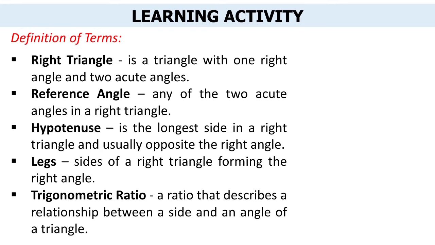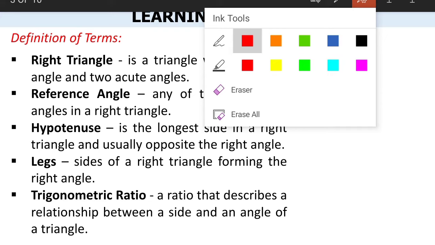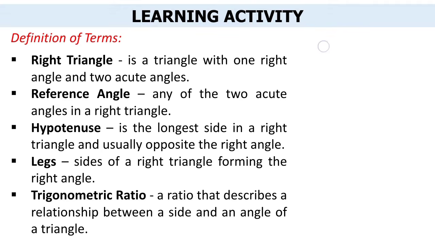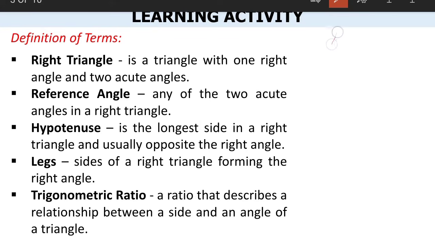Let's start first with the term right triangle. Let's say for example we have triangle ABC. How can this triangle be considered a right triangle?